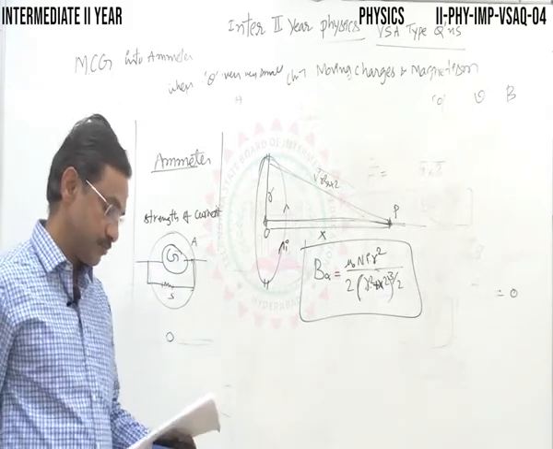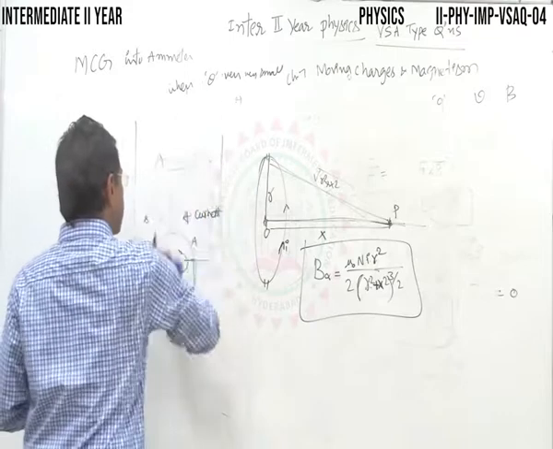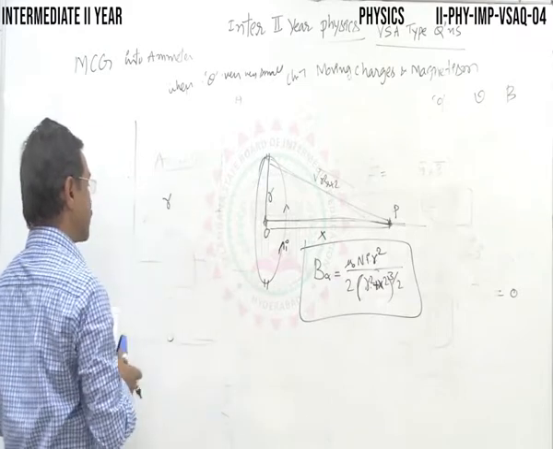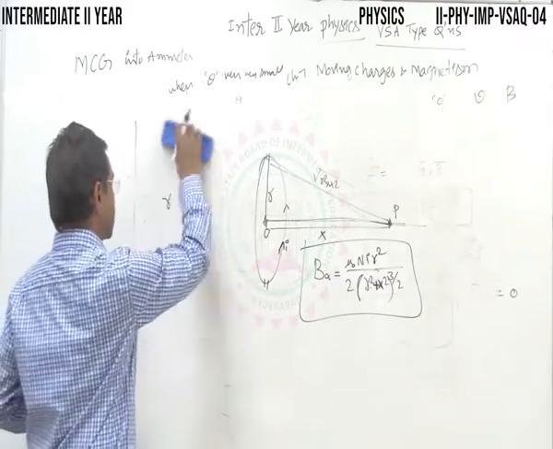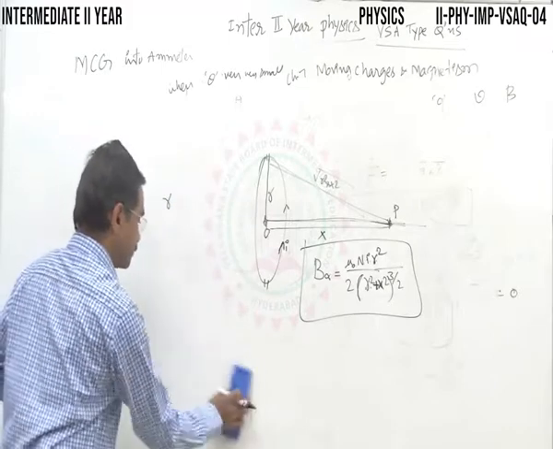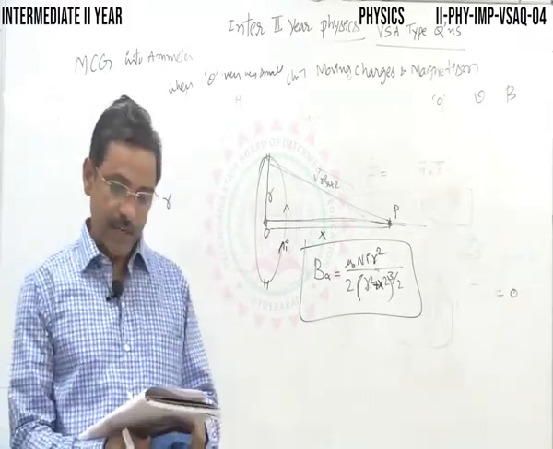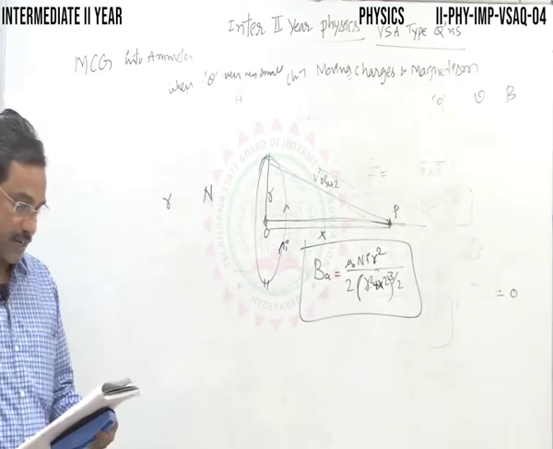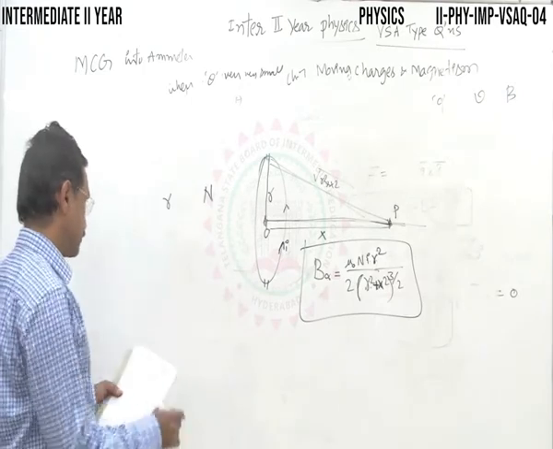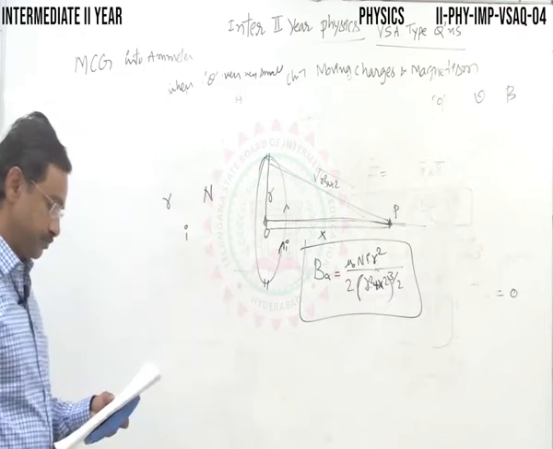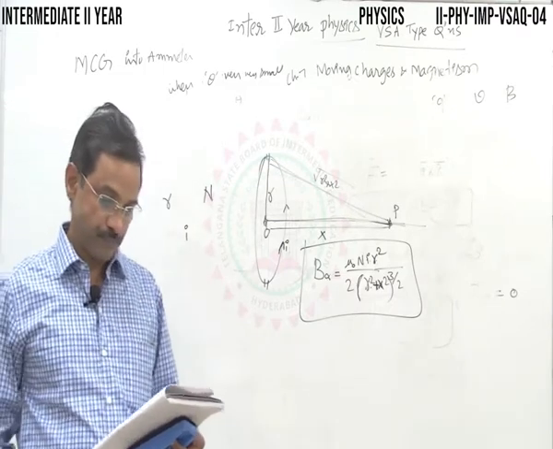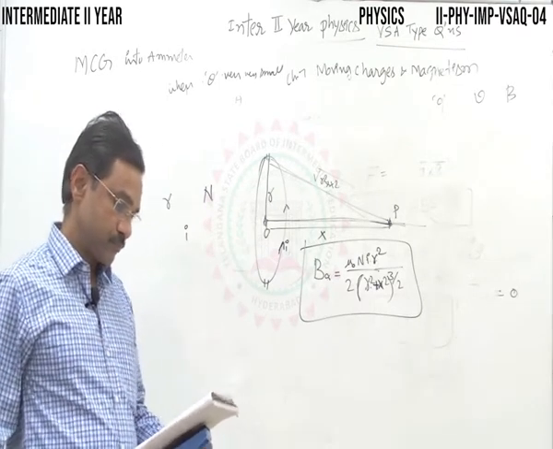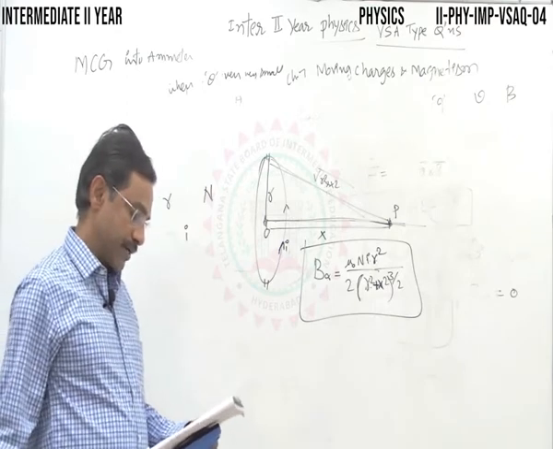A circular coil, please note down, of radius r, the radius of the circular coil, having N turns, where N is the total number of turns, carries a current I. What is the magnetic moment?